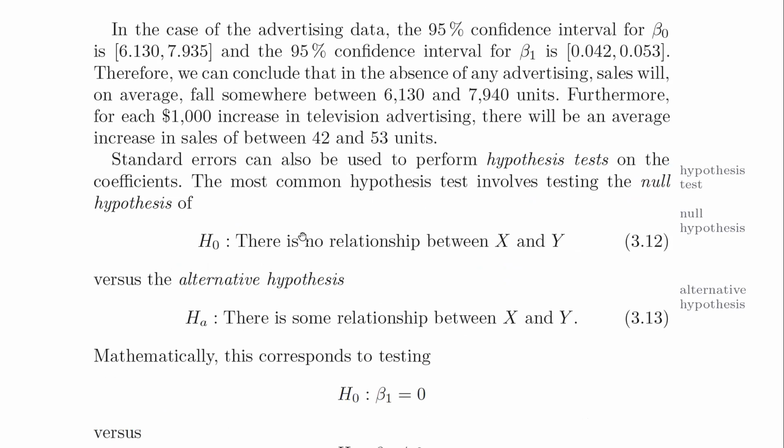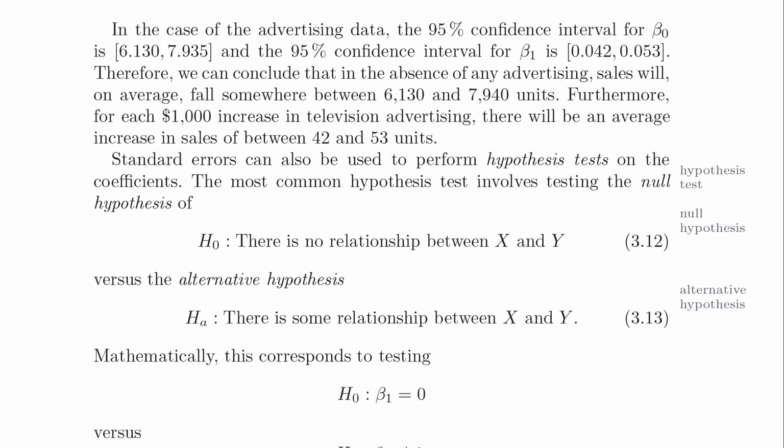In the case of the advertising data, the 95% confidence interval for beta naught is from 6.13 to 7.935. And the 95% confidence interval for beta 1 is that interval.